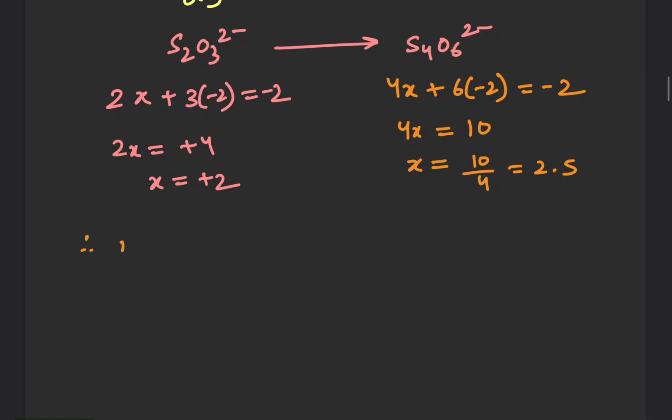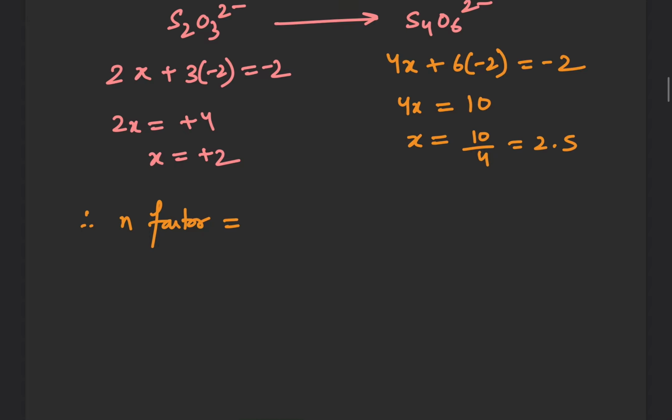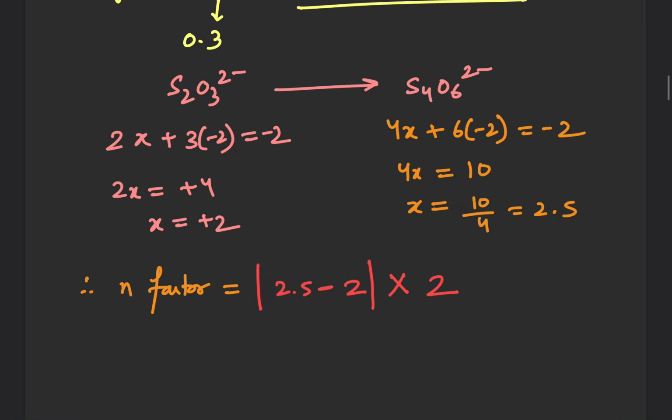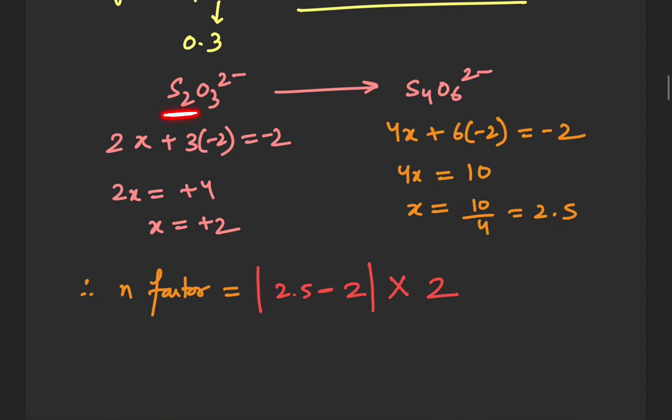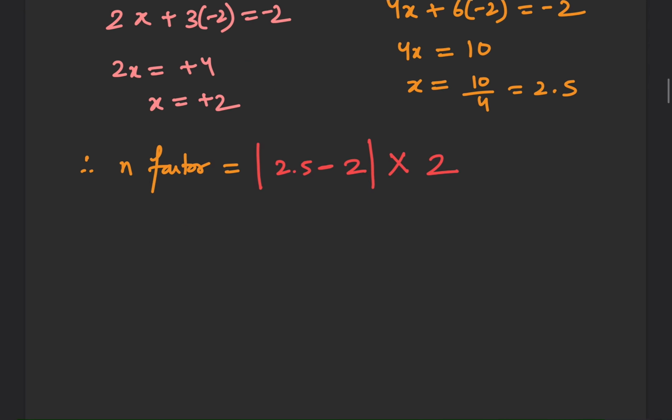Okay, so therefore the n factor will be equal to the magnitude of final oxidation state 2.5 minus initial 2, into 2, because there are two S atoms in the reactant thiosulfate. Okay, so this is 1.